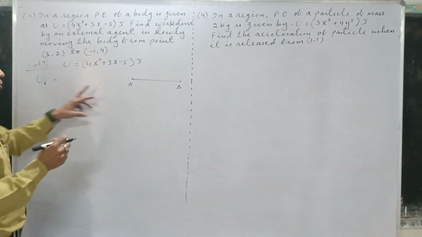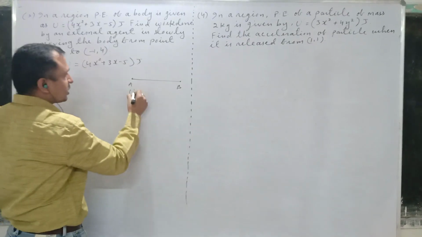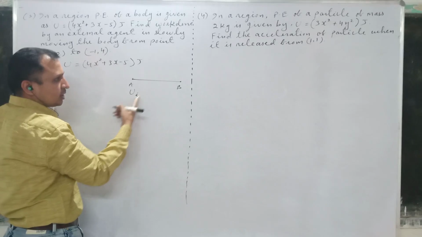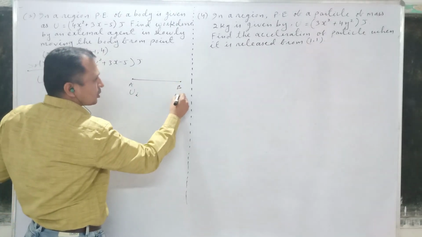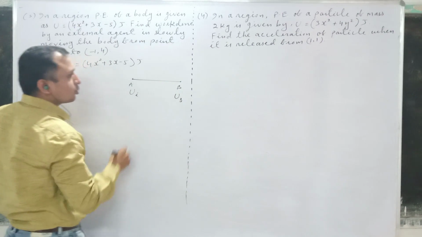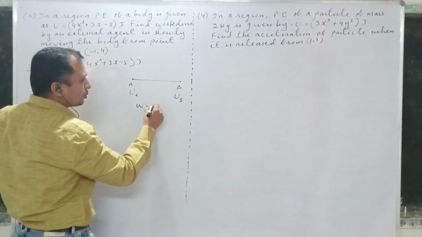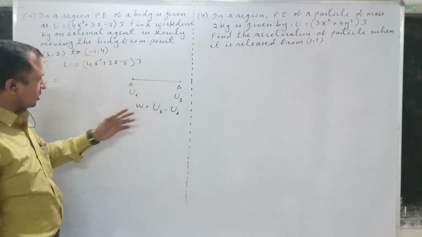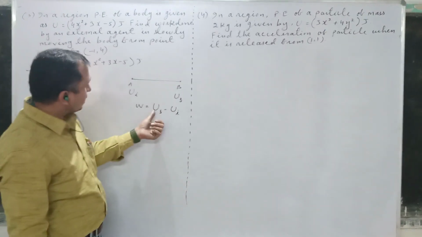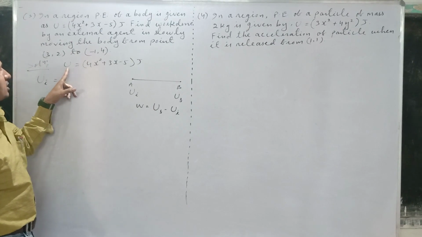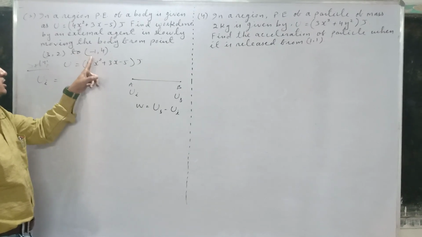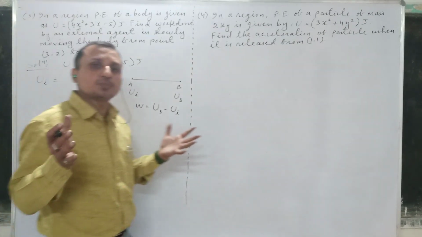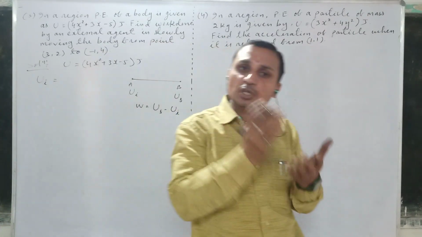At the point A the potential energy is suppose Ui, at the point B the potential energy is suppose Uf. So work done by the external agent we know is final potential energy minus initial potential energy. So this is the relation we know. So directly we can find the initial potential energy and final potential energy of the body at both points.